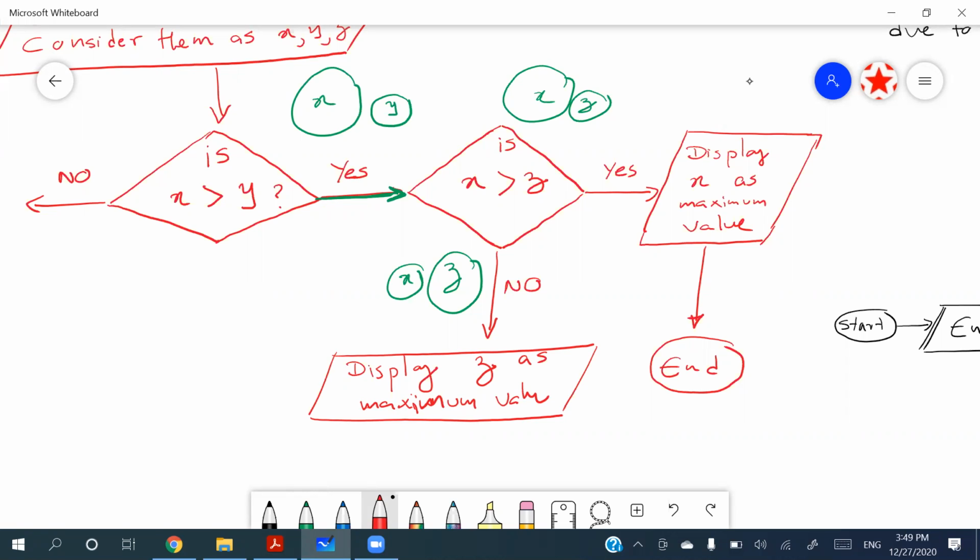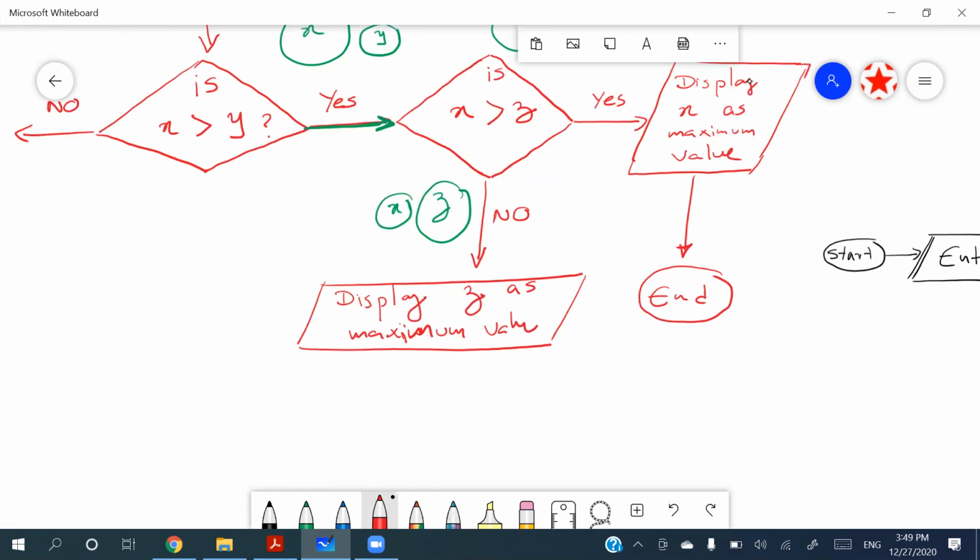And then it can move to the very same end.